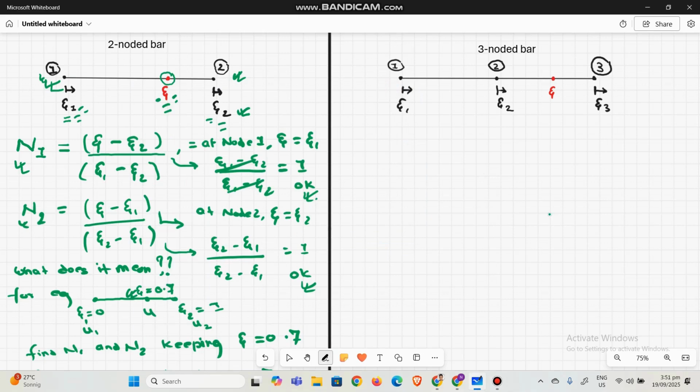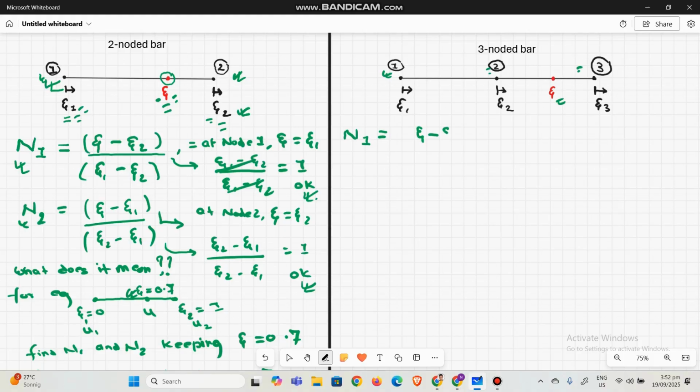Similarly, we do this for the three-noded bar element. So if we have to find the shape function n1, then we simply do xi, which is basically this, minus, since we are finding the shape function for this node, we are going to subtract second and third.